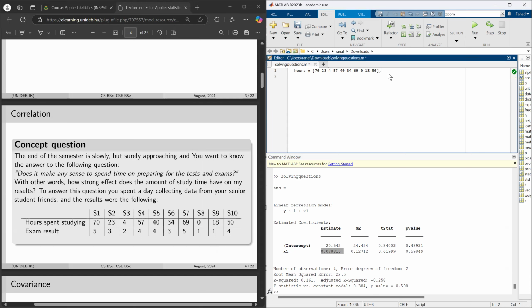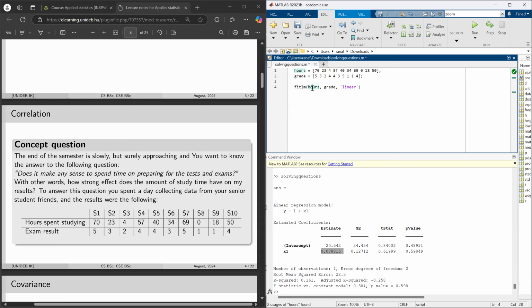Okay, now grade, which is 53244, 35114. It's linear, so we do fitlm, hours, grade.